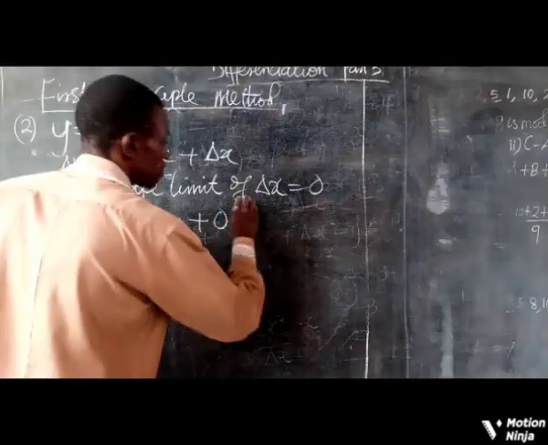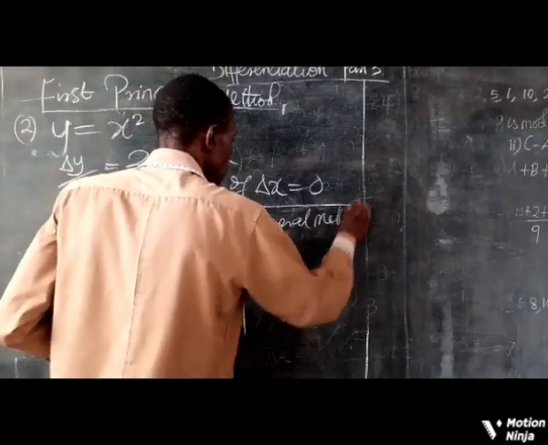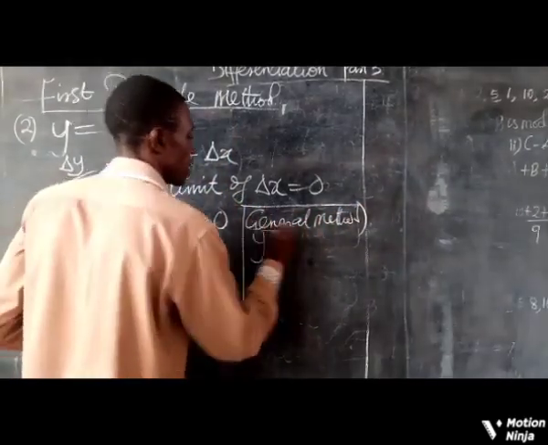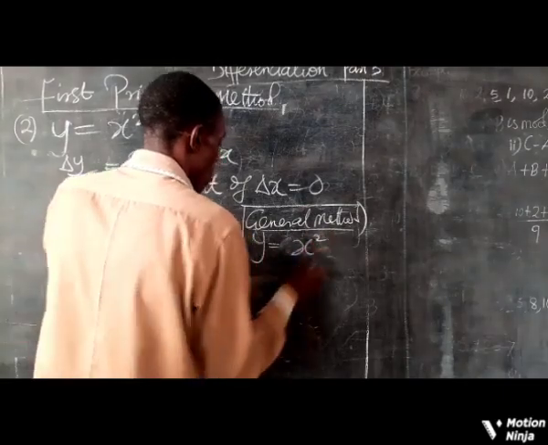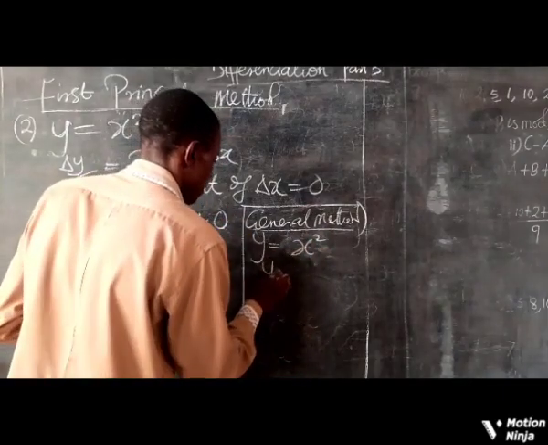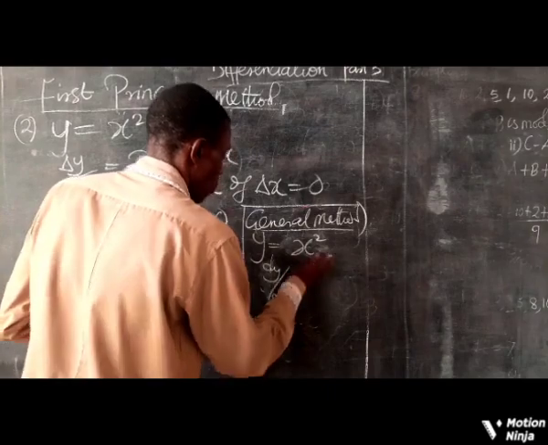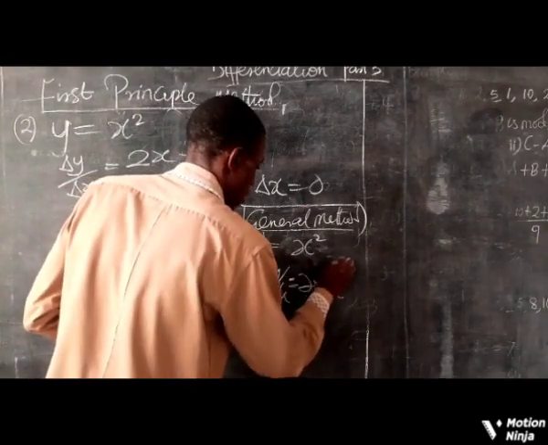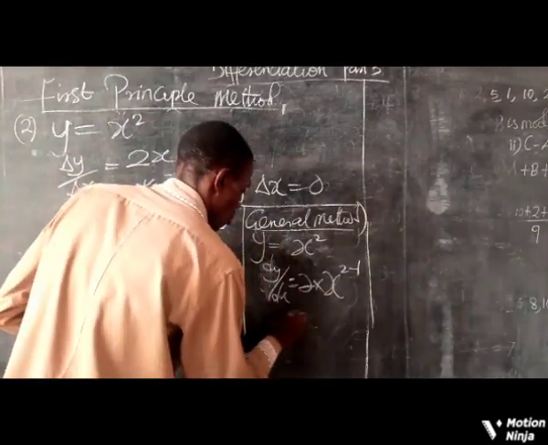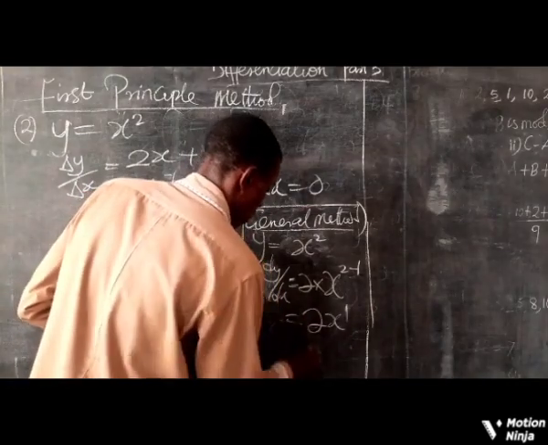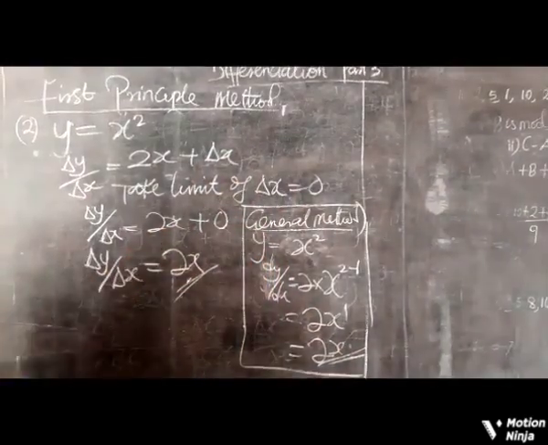Remember, in our general method, if y is equal to x squared, multiply this by this, we have dy dx is equal to 2 times x to the power of 2 minus 1, which is 2x to the power of 1, which is equal to 2x. So that's exactly what we'll have here as our answer, coinciding with this.